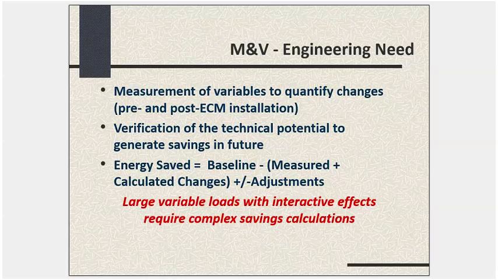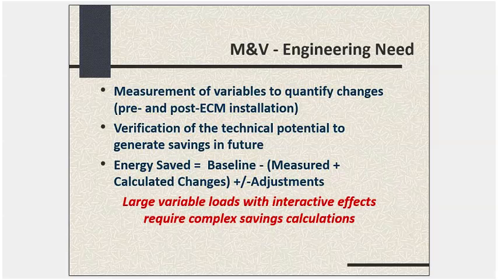Now, going a little deeper into the engineering perspective on M&V, this is a very simple way to think of it, but conceptually useful, and that is that you're measuring variables to quantify changes pre and post the ECM installation. And what you're partly doing is, in addition to those measurements, you're essentially verifying the technical potential to generate savings in the future by showing, hey, the efficiency parameter has actually changed.